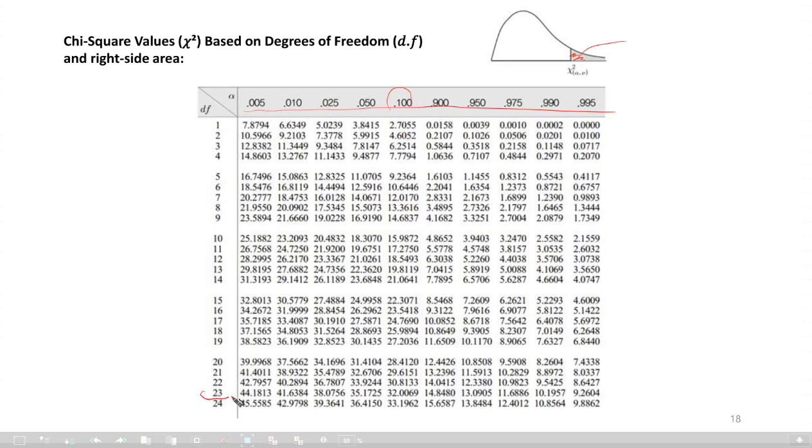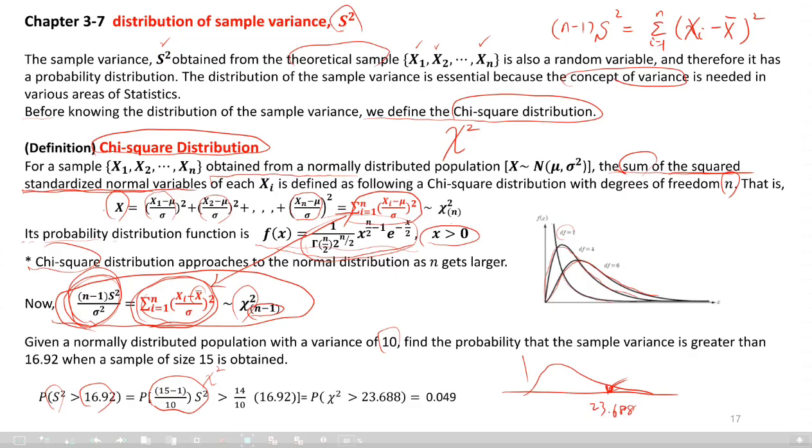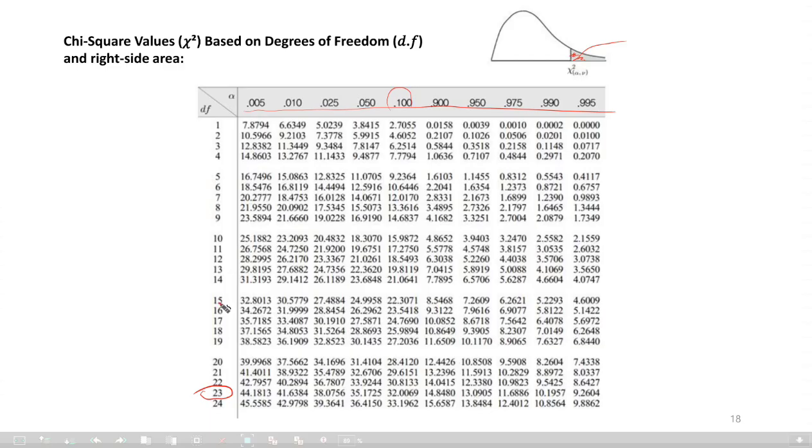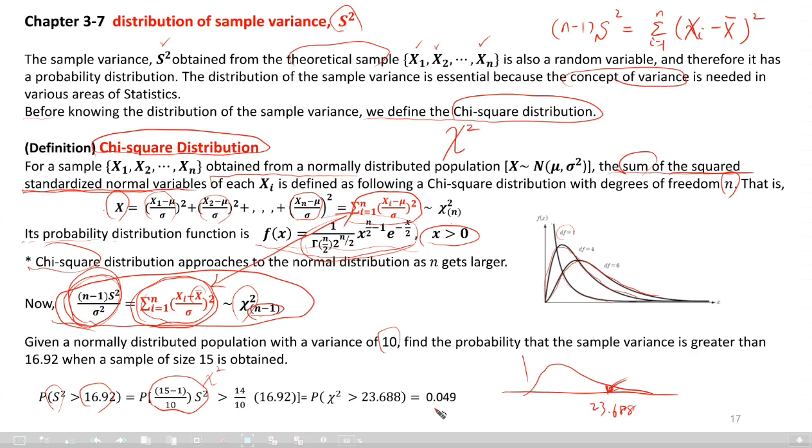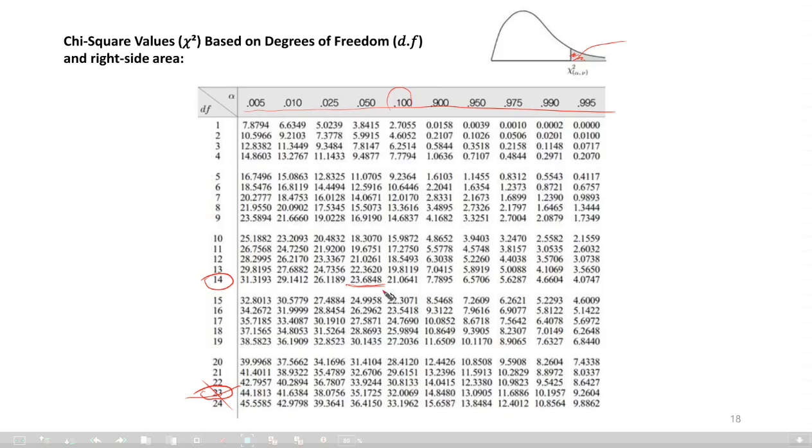The sample size is 15, so the degrees of freedom are not 23 but 14. With degrees of freedom 14, 23.688 is around here, and I got about 0.049. It is not 0.05 but similar to that value, a little less than that value.